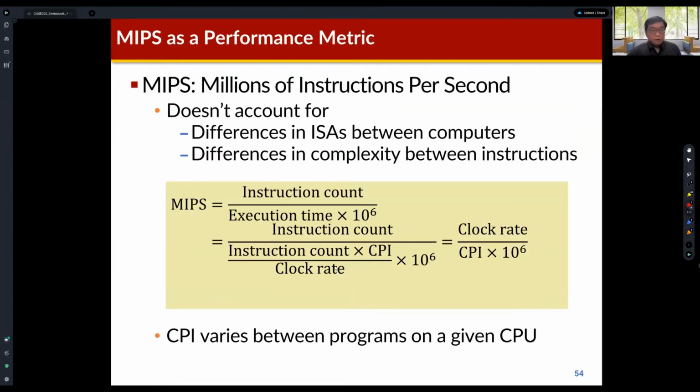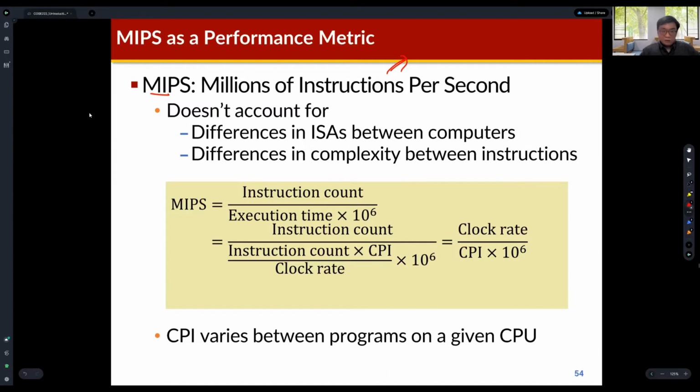Another performance metric is MIPS. This slide is newly covered in this class, so this is the new part of today's class. We can use another performance metric called MIPS. MIPS means millions of instructions per second.